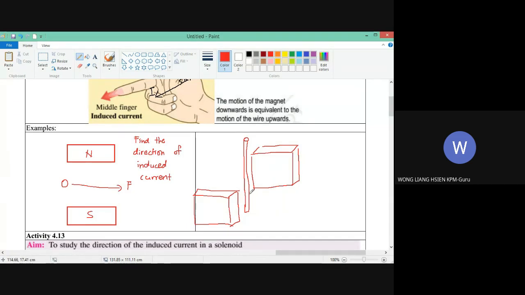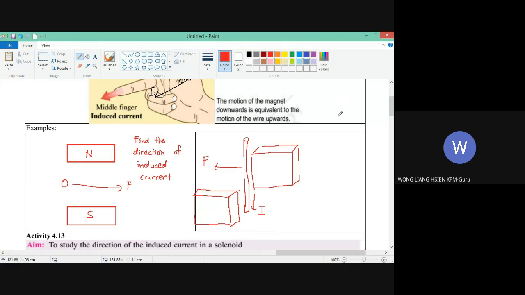This is the conductor. And this is the direction of the force here, and this is the direction of the induced current.